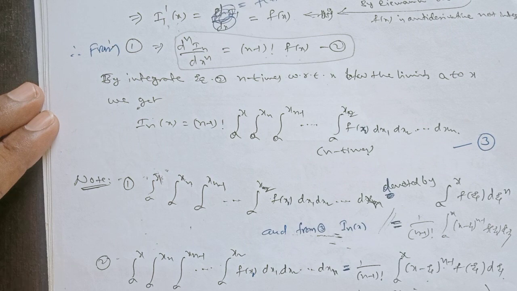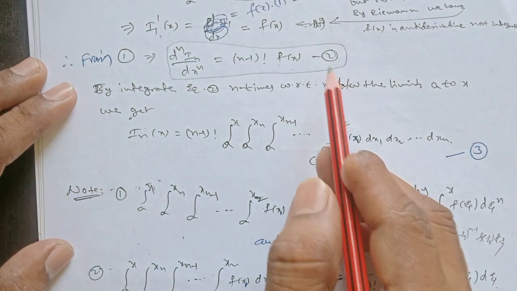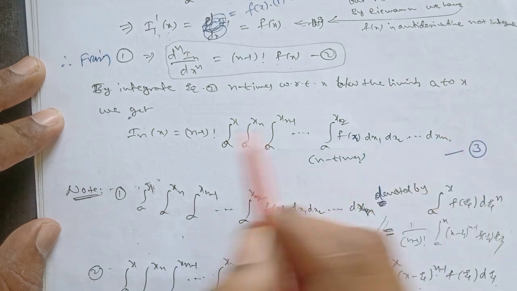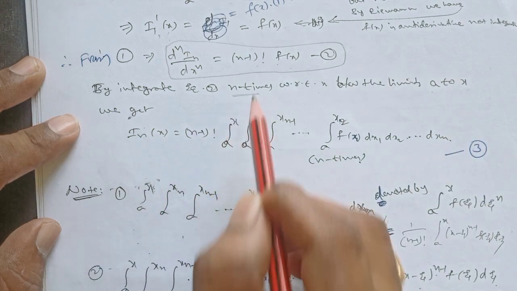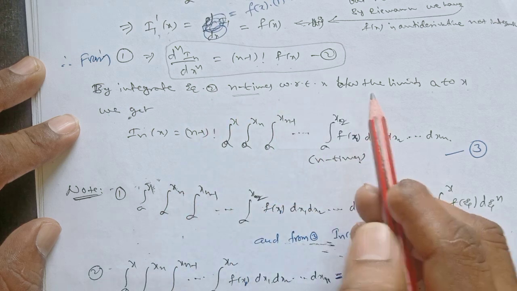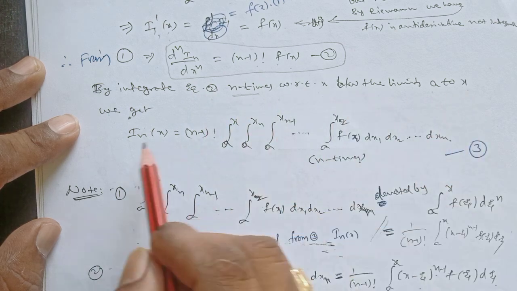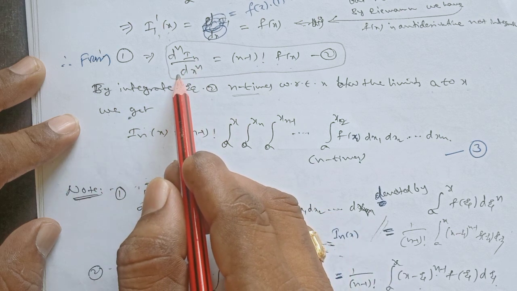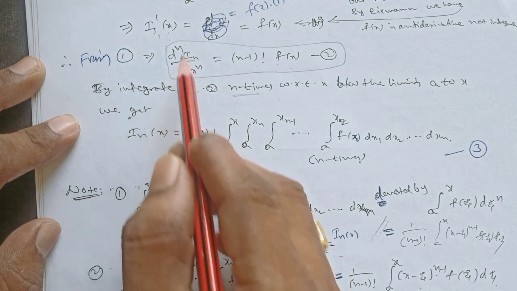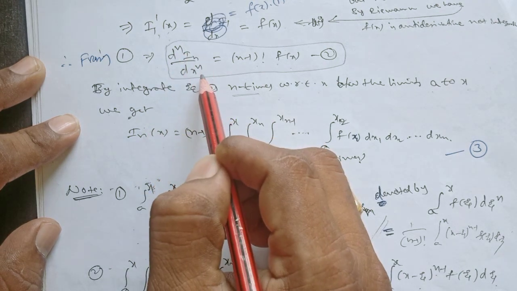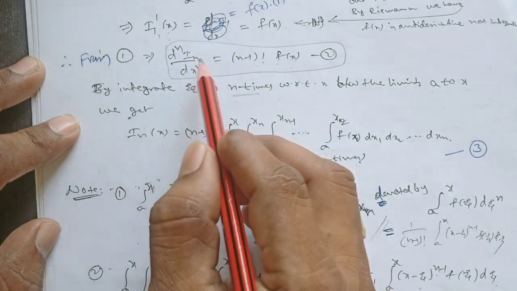Now integrating equation 2 with respect to x between the limits a to x, n times. We get I_n(x) is equal to, because I am integrating this n times, the d to the power n by dx to the power n goes away, because integration is the inverse process of differentiation, and we get only I_n.